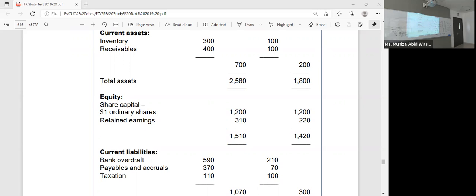If you have shown this impairment in SOPL and you have to reverse it because the circumstances are changing, then you have to credit it in your SOPL itself. If previously the impairment has been taken in SOPL, you are going to give the reversal in the same SOPL. Clear?